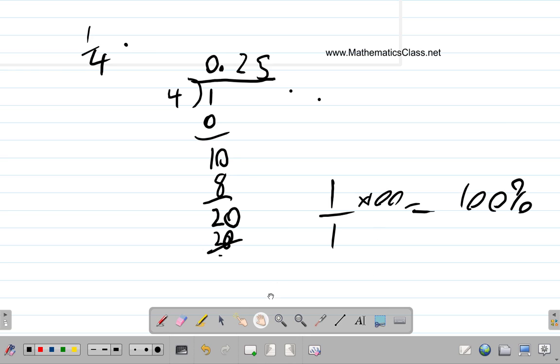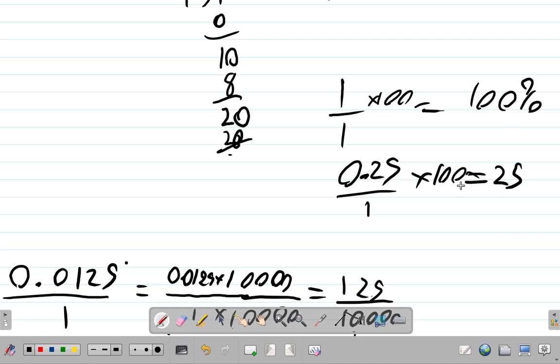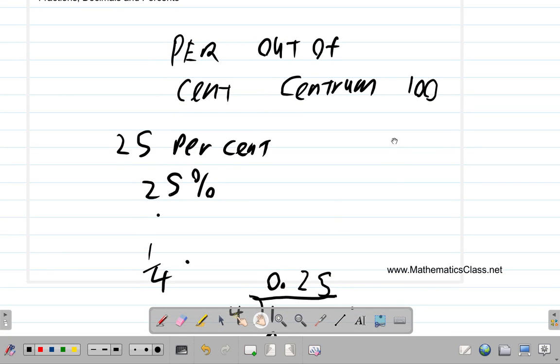Now this is not 1 out of 1. This is 0.25 out of 1. You do the same thing. Multiply it by 100 and you get 25. So it's 25%. A quarter is 0.25, which is 25%. Yeah.